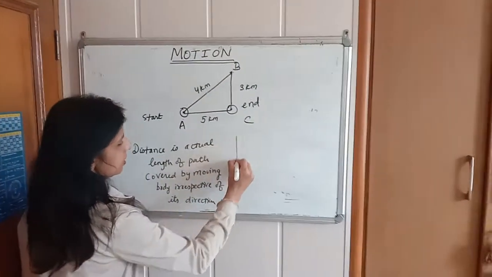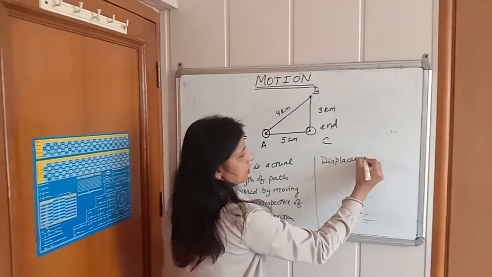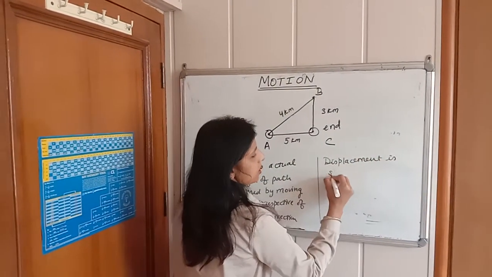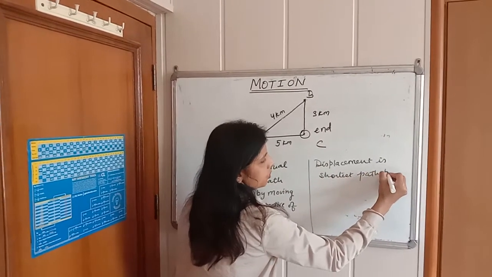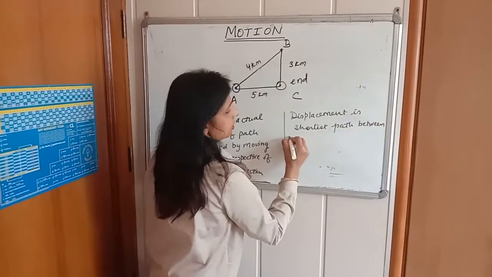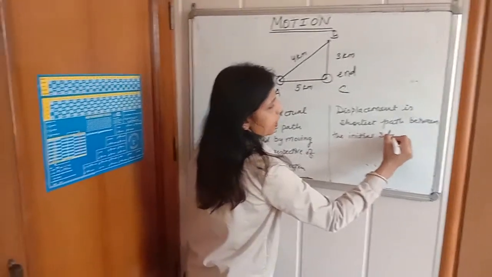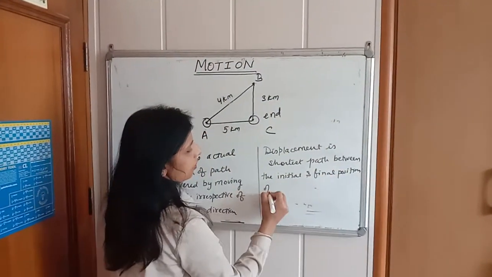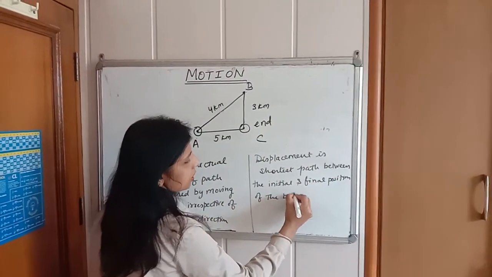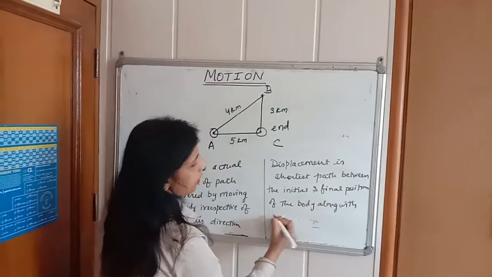And displacement is the shortest path between the initial and final position of the body along with direction.